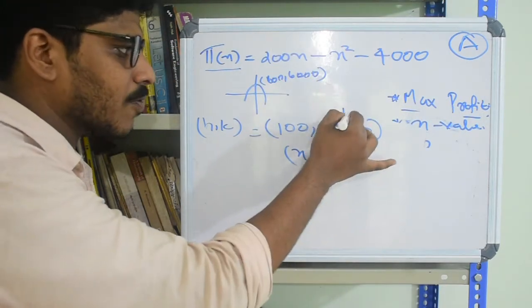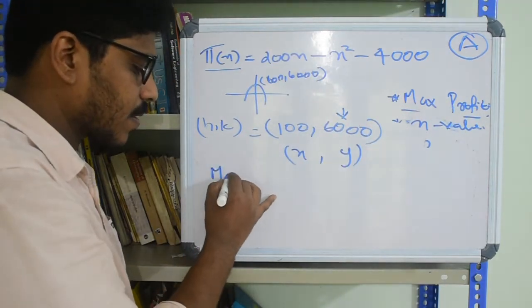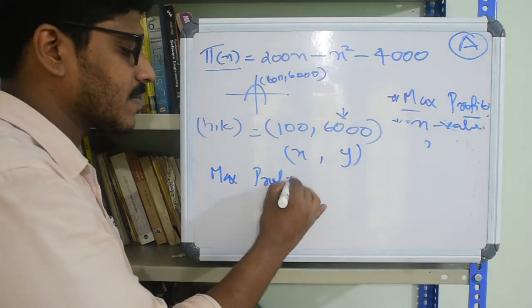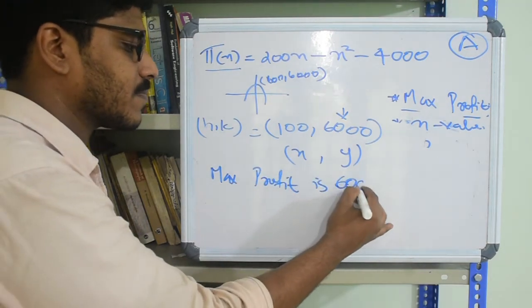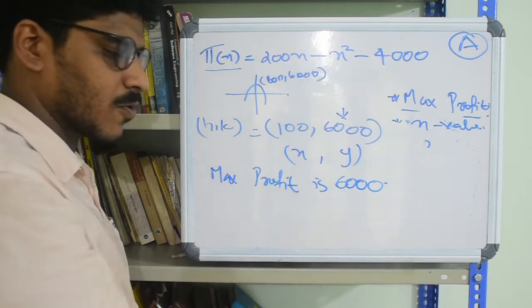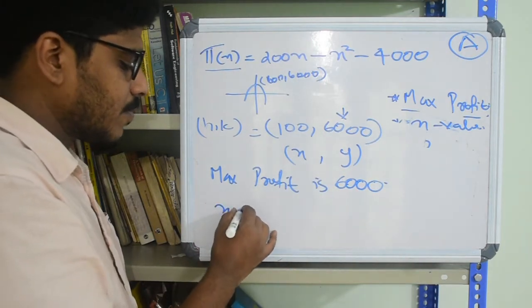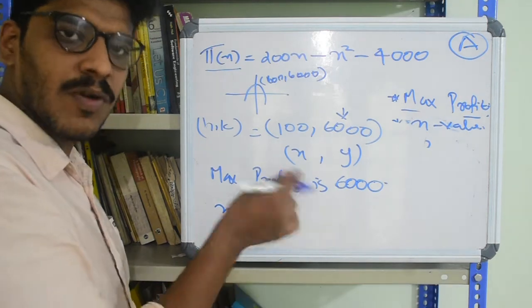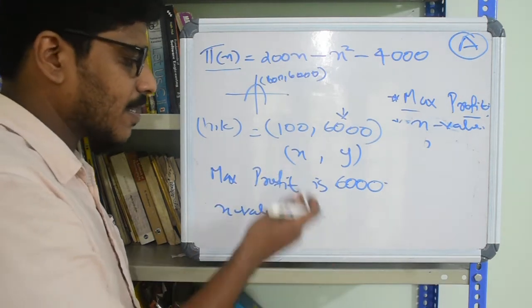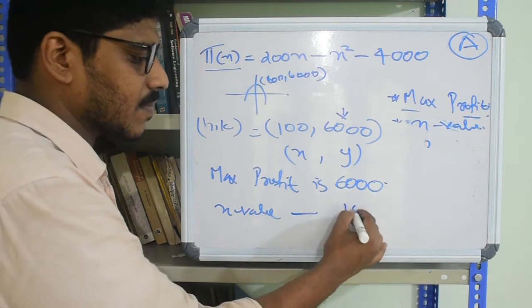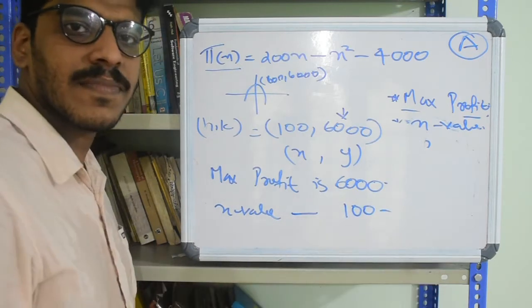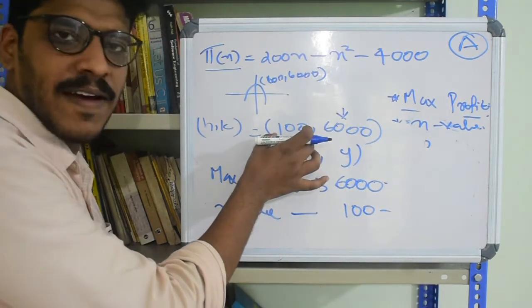So the maximum profit is 6,000 rupees maybe, and the x value, or the number of units to be sold to attain the maximum profit, is 100 units, which is the corresponding x value for 6,000.